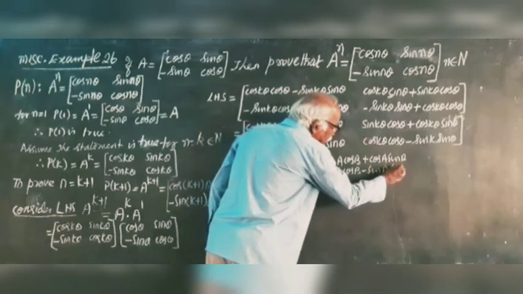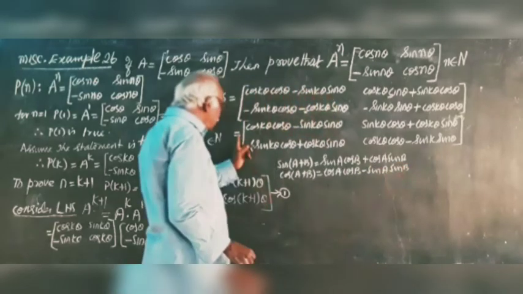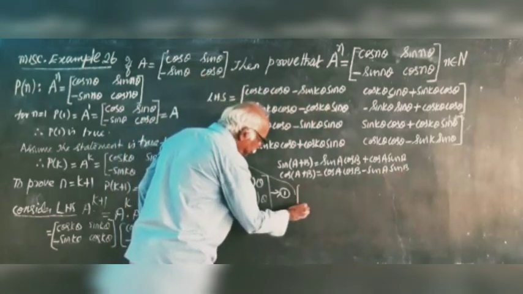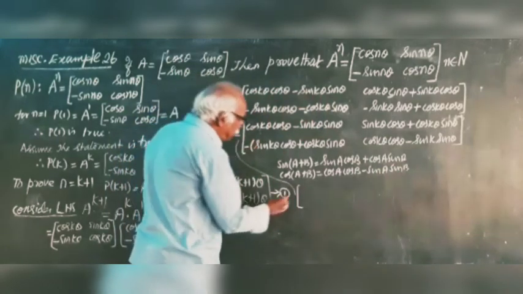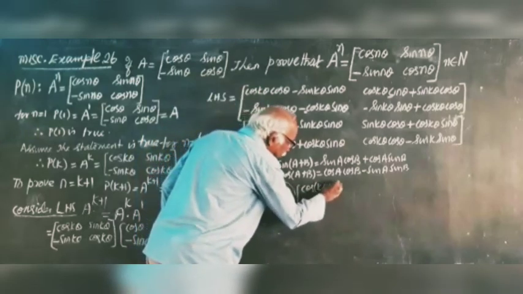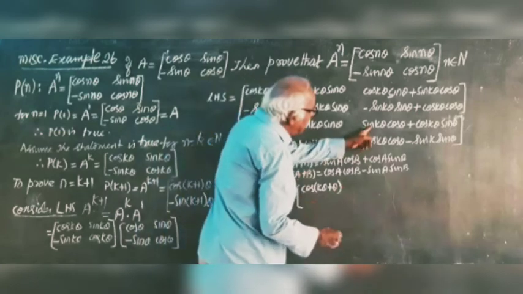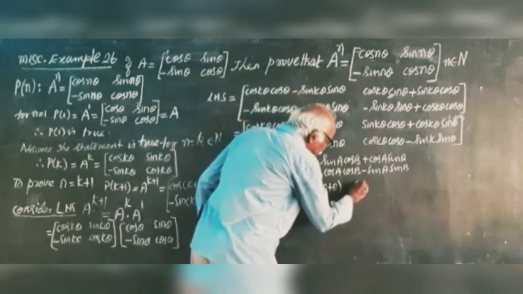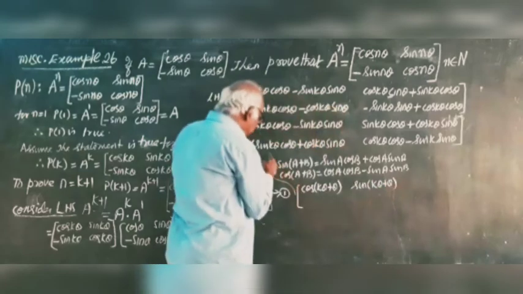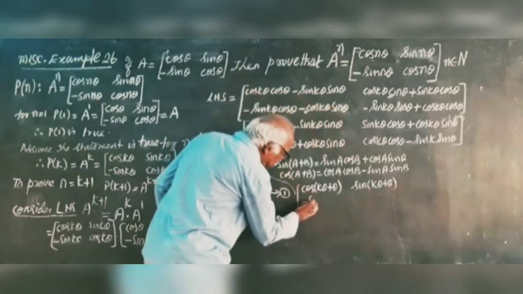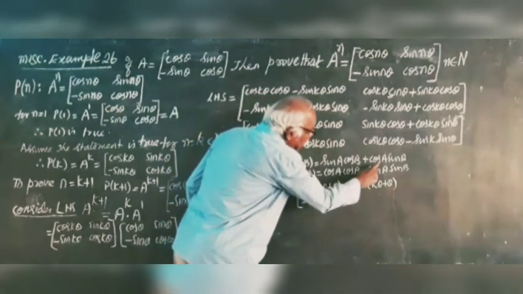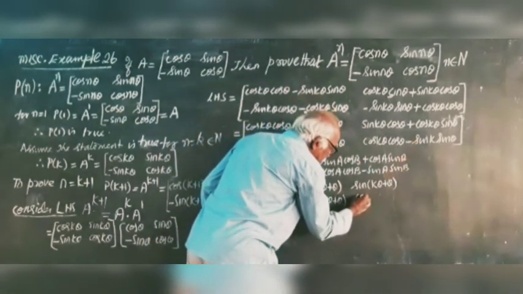So this LHS will become cos of k theta plus theta, sin of k theta plus theta, minus sin of k theta plus theta, cos of k theta plus theta.